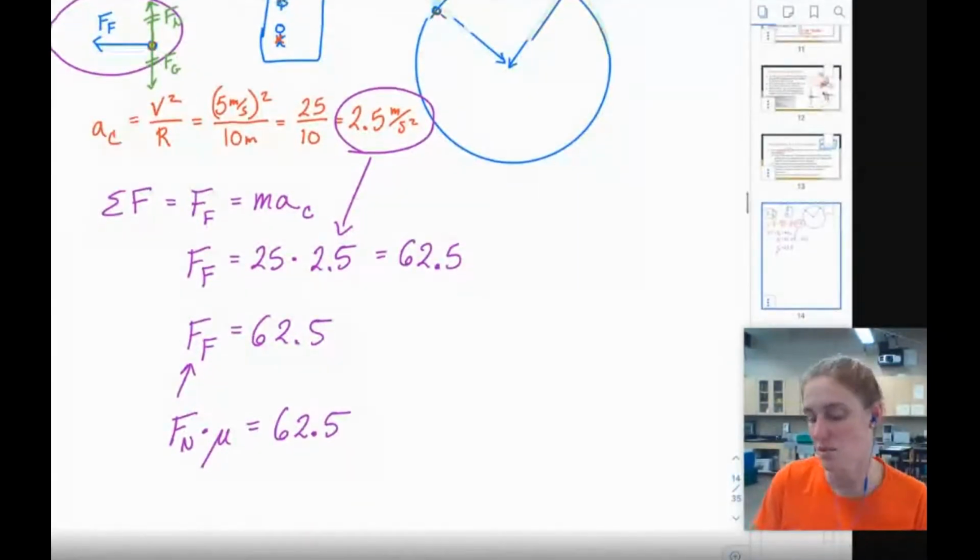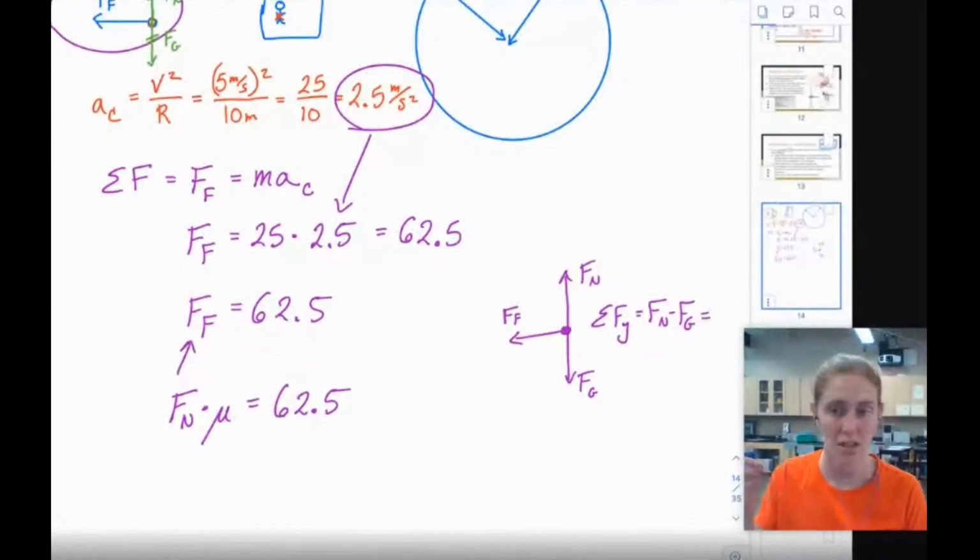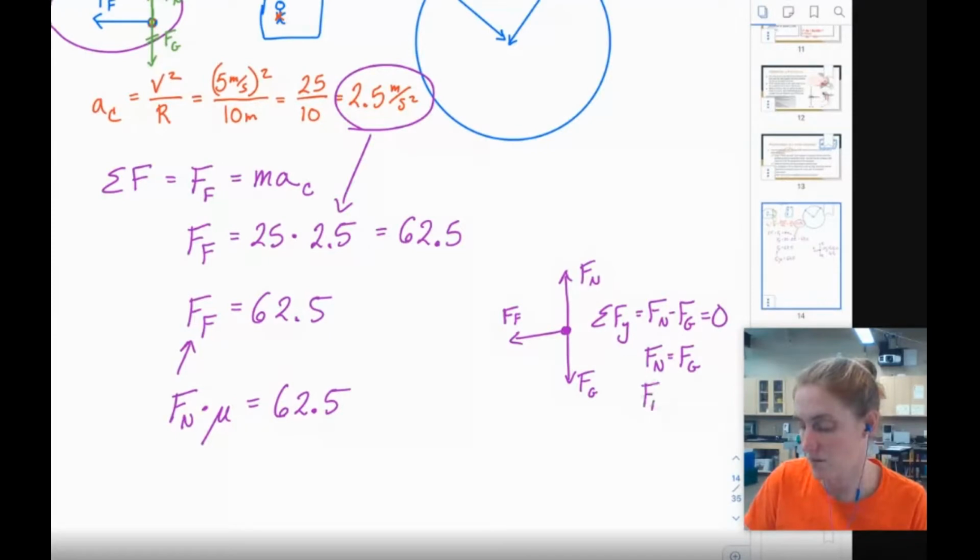In this case, the only forces acting on her are the frictional force that's going to push her to the side, and then she's going to feel a normal force coming up and a gravitational force pulling her down. So when I do the sum of my forces in the y direction, I just have my normal and my gravitational force, and she's not accelerating up and down, so this will be equal to 0, and therefore my normal force will be equal to my gravitational force. And we remember that gravitational force is equal to mg. So therefore my normal force is also m times g.